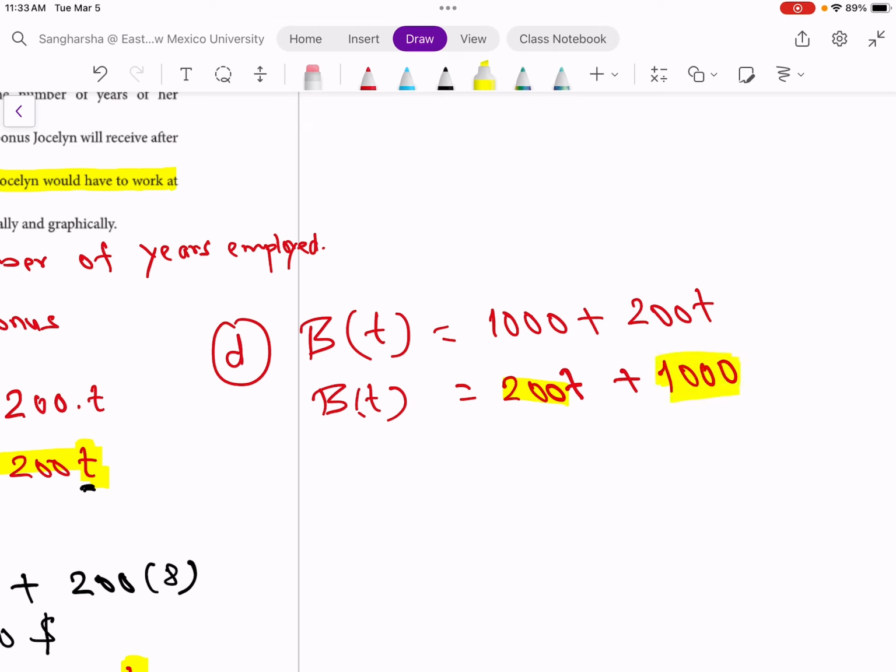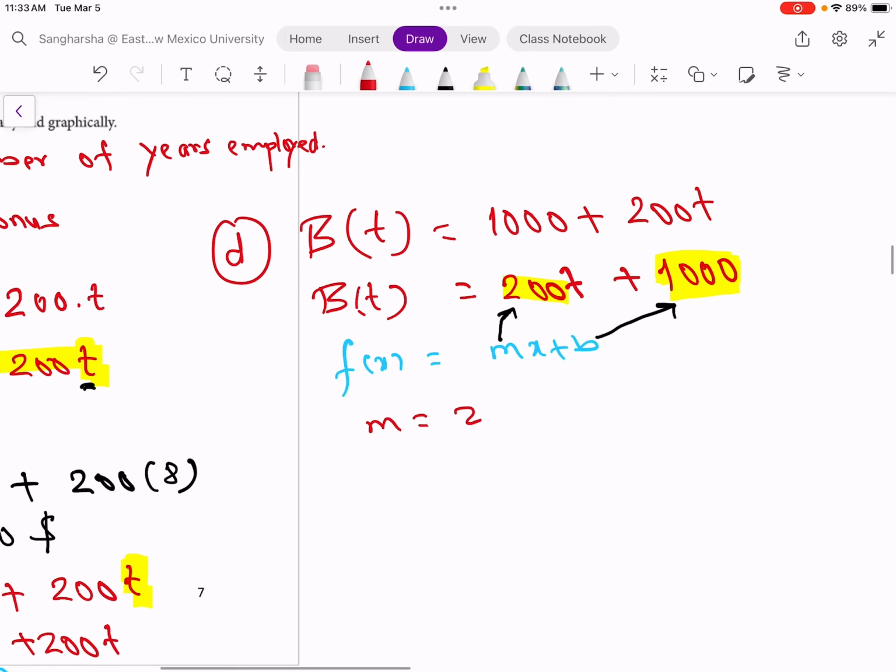If we compare our function with the general function mx plus b, then m, 200, is the slope and b, 1000, is the y-intercept.